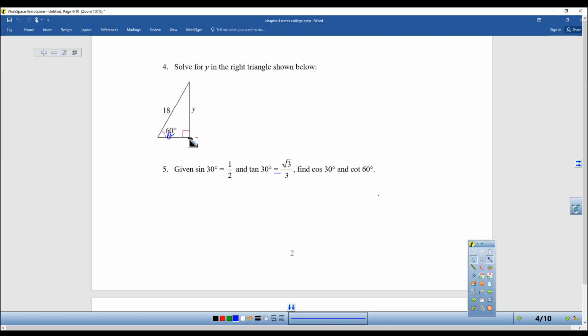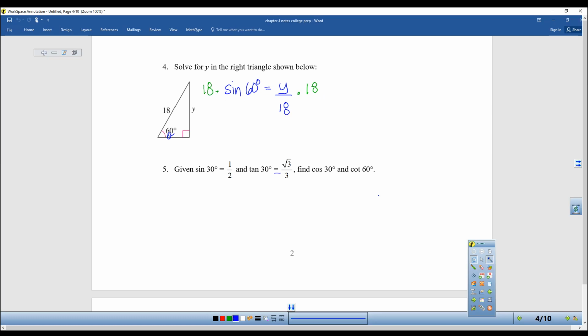Somebody has a 60-degree angle or wants to make a 60-degree angle, and they say to themselves, all right, well, if this length needs to be 18, how high should I make this? So they can use trig. They can say sine, because that's the one that relates opposite and hypotenuse, sine of 60 degrees is equal to y over 18. Then I'm going to clear my fraction, multiply both sides by 18.